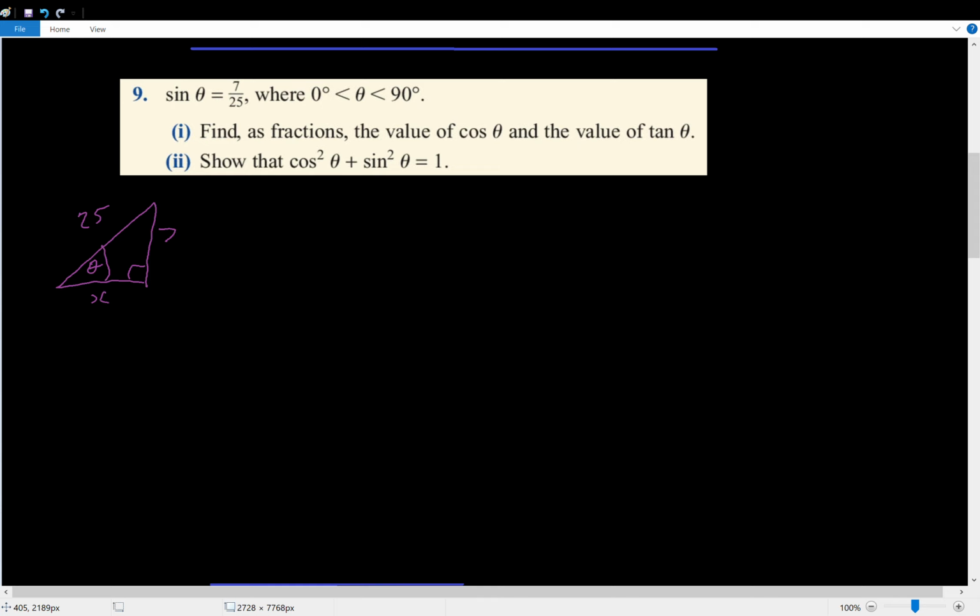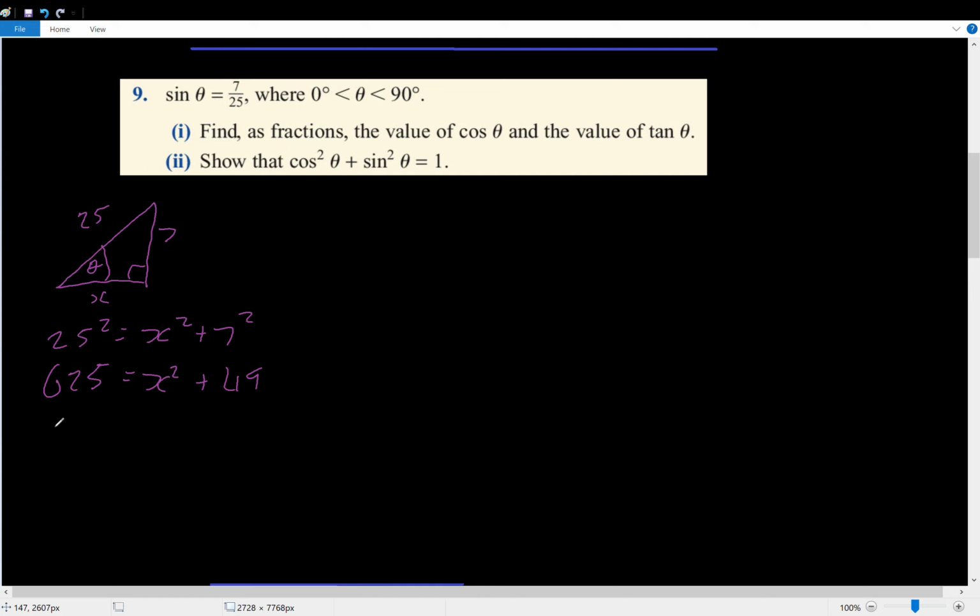And we need to get a value for X in order to get the cos and tan of theta. So for that, we're going to go with using Pythagoras theorem. We're going to say 25 squared is equal to X squared plus 7 squared. 25 squared is 625. X squared is X squared. And 7 squared is 49.